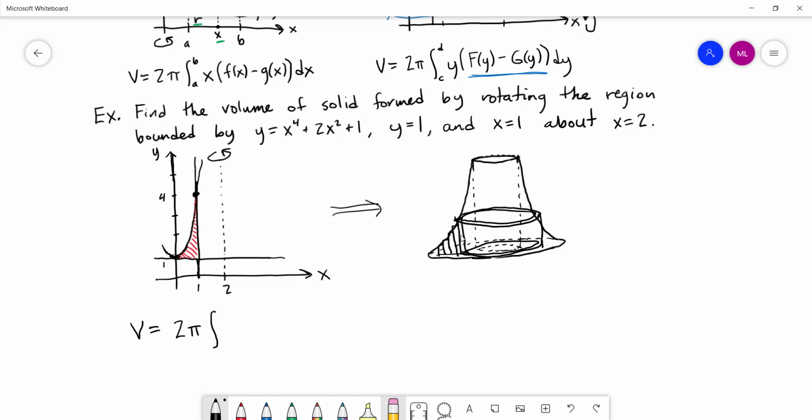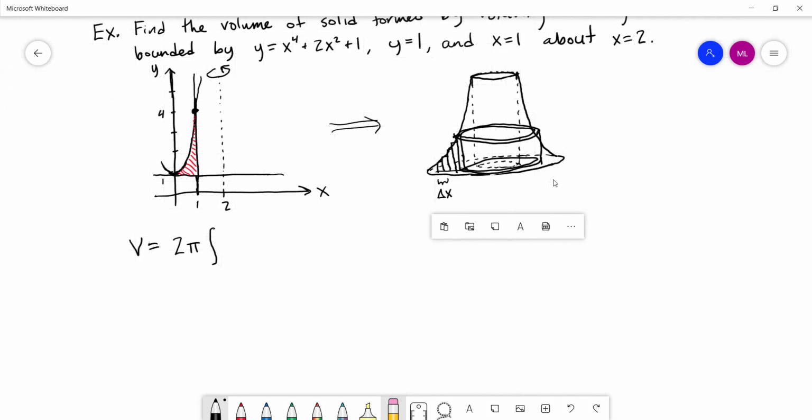To get these cylindrical shells, we are slicing our thing vertically. And that means for us, each little thickness is a delta x. And so ultimately this whole equation that we're about to do is going to be done with respect to x.